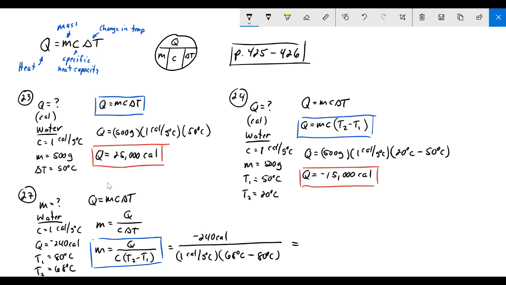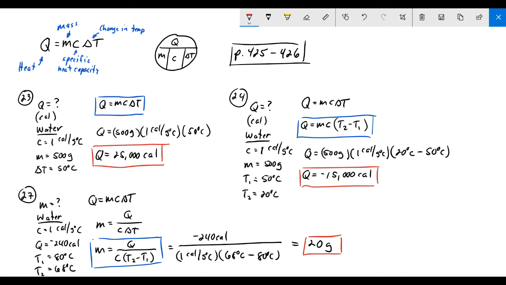Calculator does all the work. We don't have to worry about breaking the universe for this one. This will give us a negative under here, but this is a negative on the top, so those will take care of each other so that our mass is not a negative mass. That would be really great if we could figure out that negative mass business, but unfortunately this problem doesn't do that for us. We put all the numbers in, and the calculator gives us 20 grams.